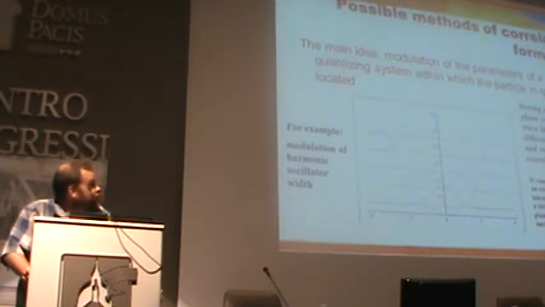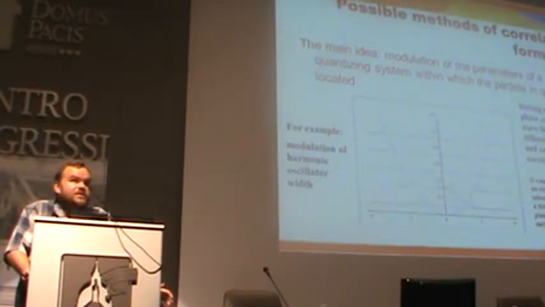During such modulation, phase correlations between wave functions in different states appear, and this system can be of different nature. It can be a real field of some quantum system. For example, it can be a field of a crystal in which a channeling particle is moving.